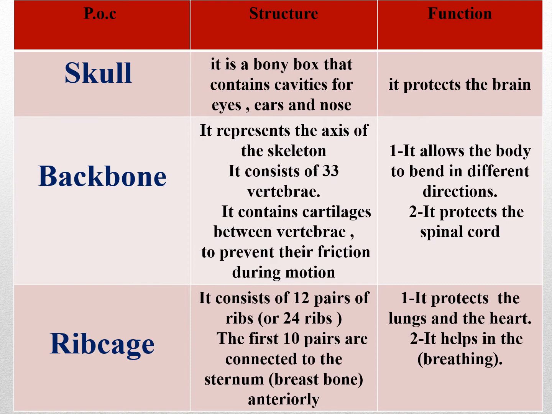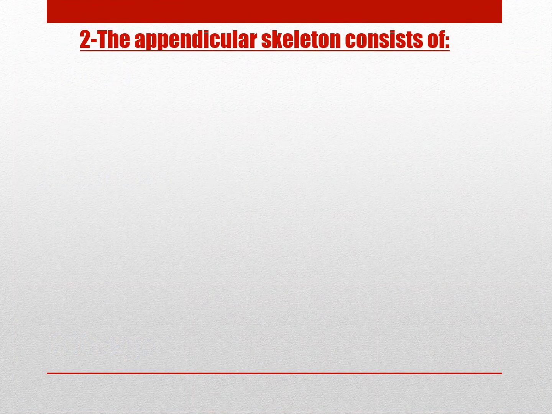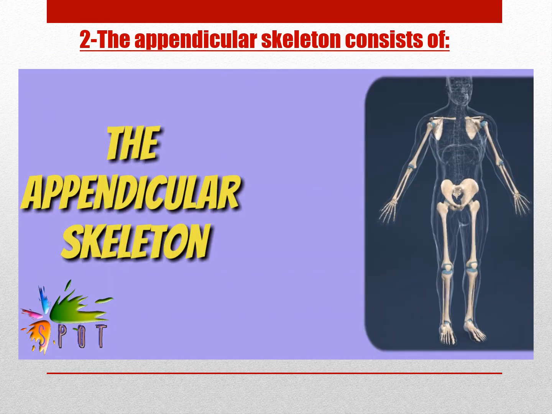The first 10 pairs are connected to the sternum bone or breastbone. It protects the lungs and the heart. It also helps in breathing. Now, we are going to talk about the appendicular skeleton. Let's start the video.